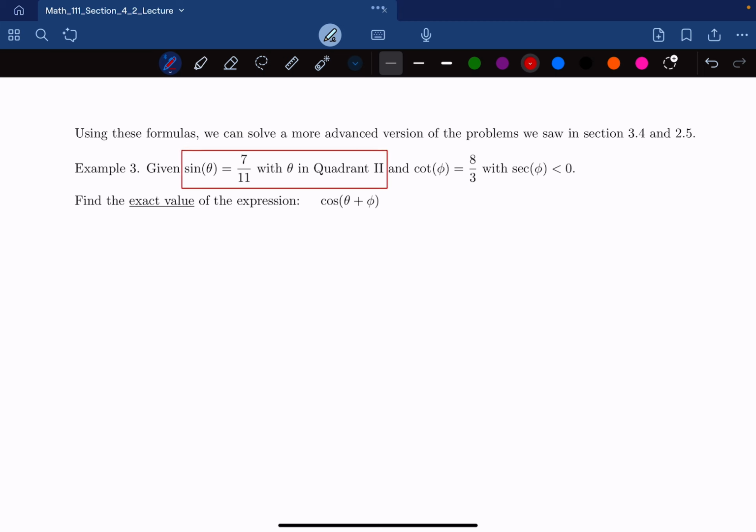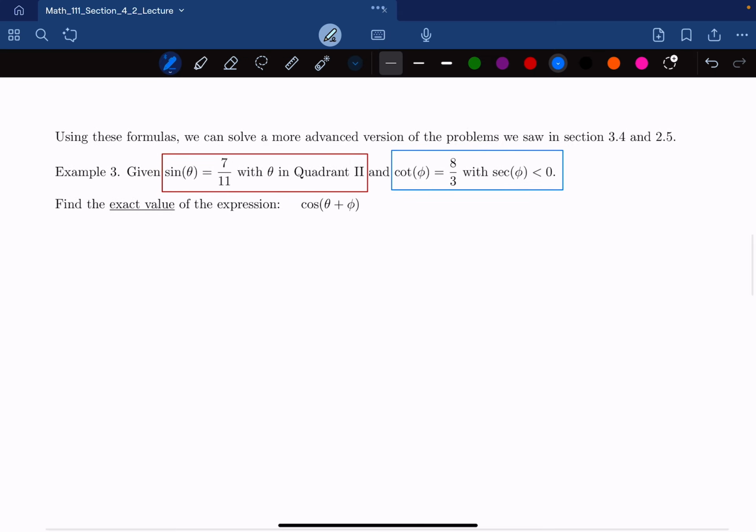Okay, so that's one part of the given. And the other one is that cotangent of phi, this is the Greek letter phi, is equal to 8/3, with secant of phi less than 0, which is negative.